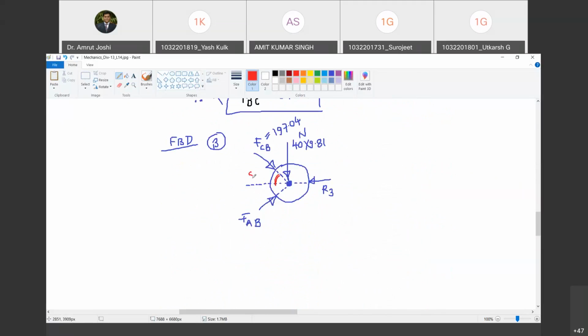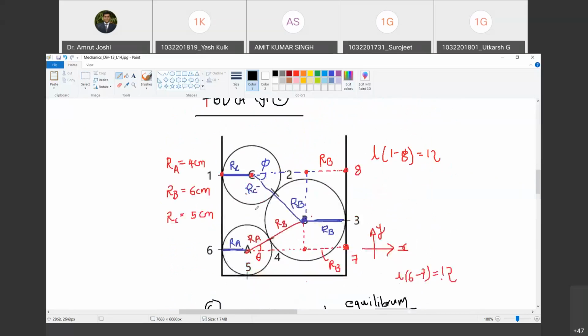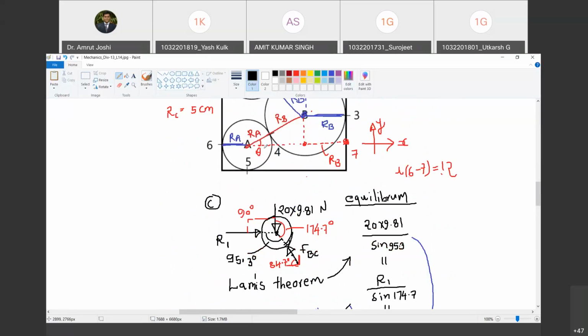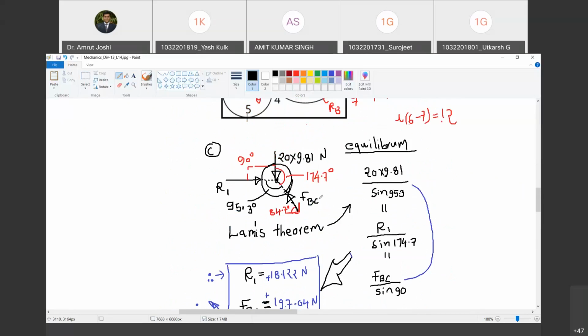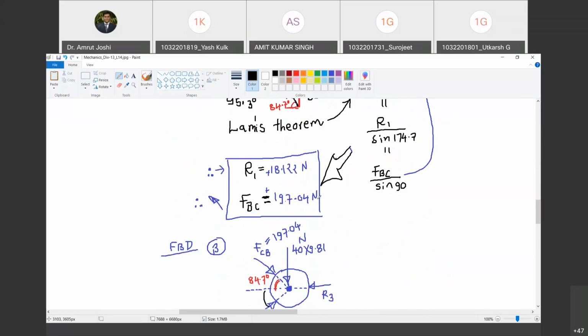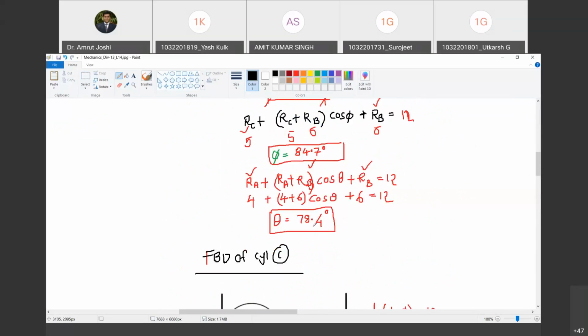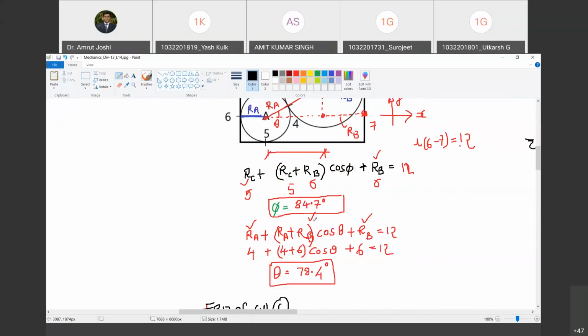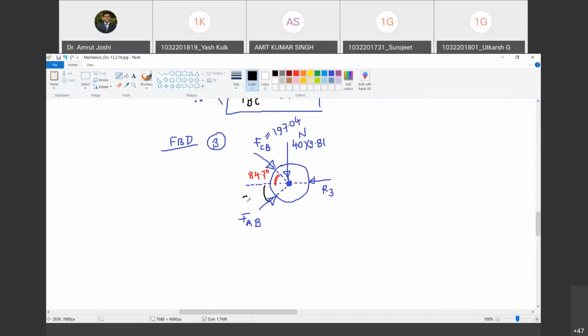This we have already found out. What is the angle made by FAB with reference to horizontal? That is theta, 78.4. Yes, theta has already been worked out to be 78.4 degrees.